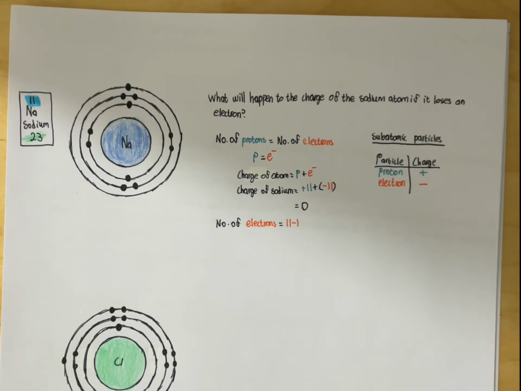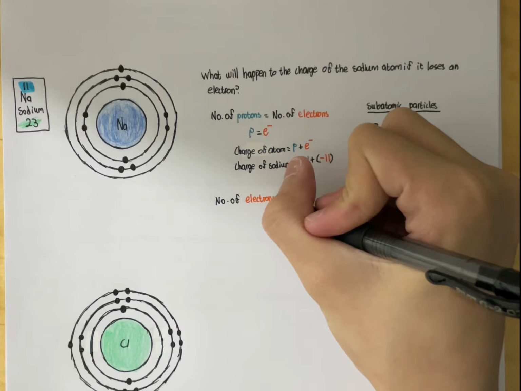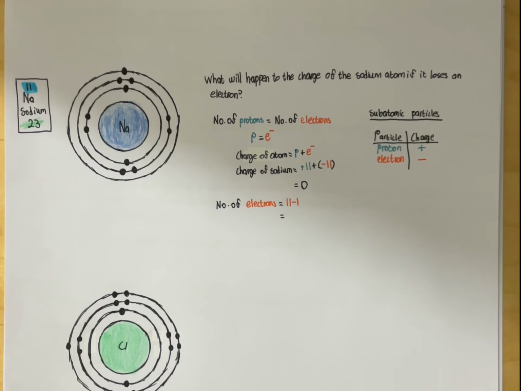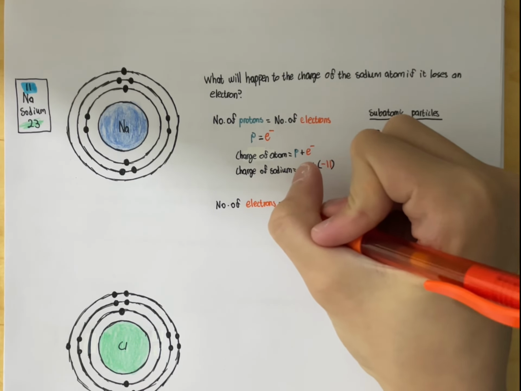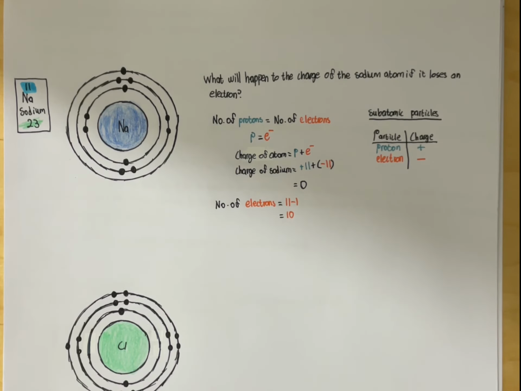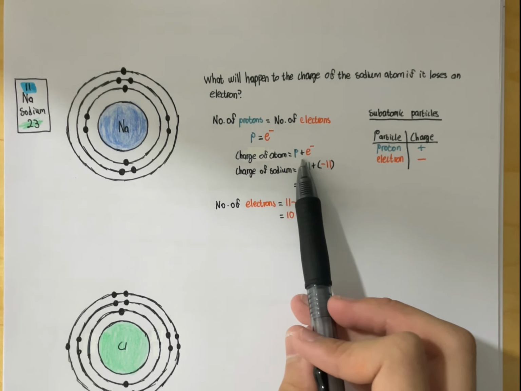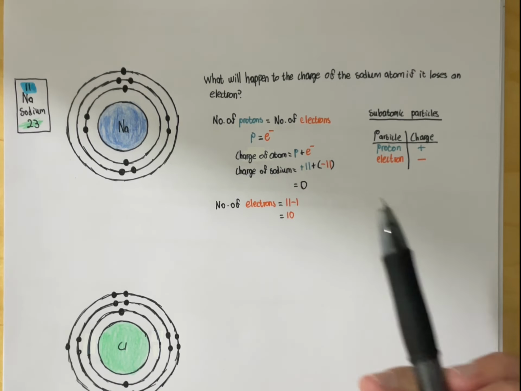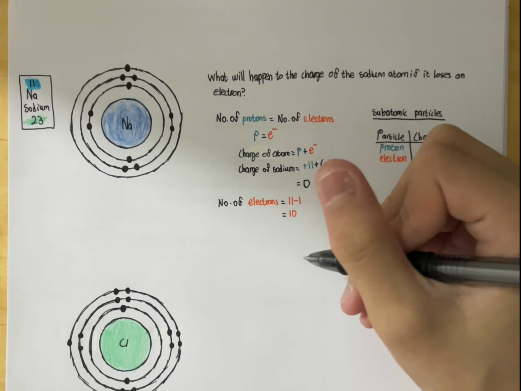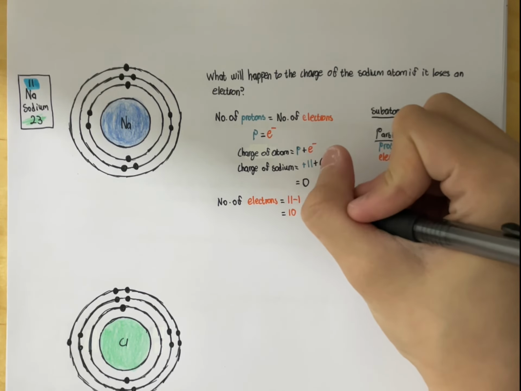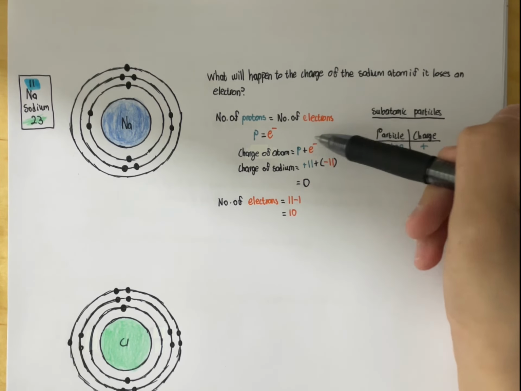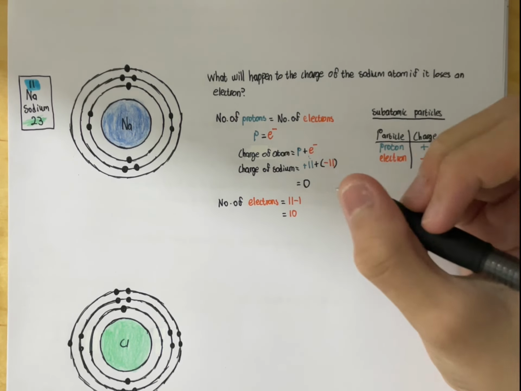So it's going to have 10 electrons. Now let's figure out what will happen to the charge of this sodium atom after it has lost an electron. We can go back to this original equation: the charge of an atom is the charges of protons plus the charges of electrons.